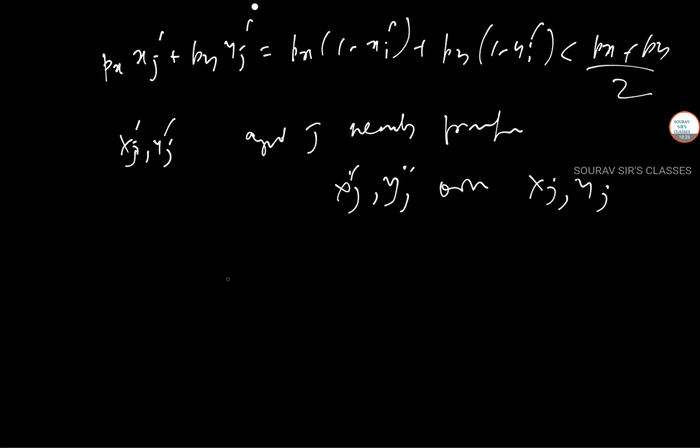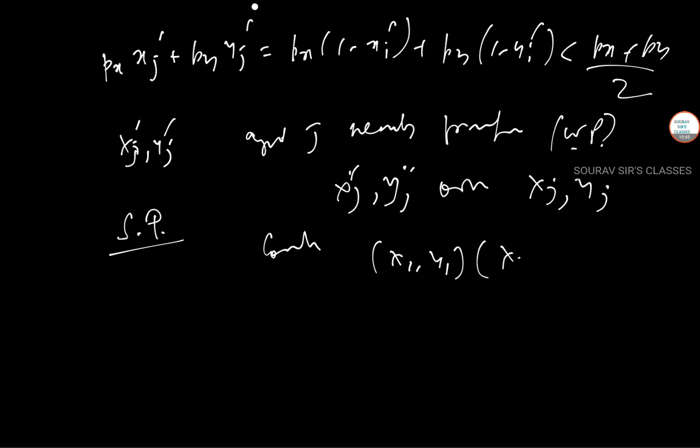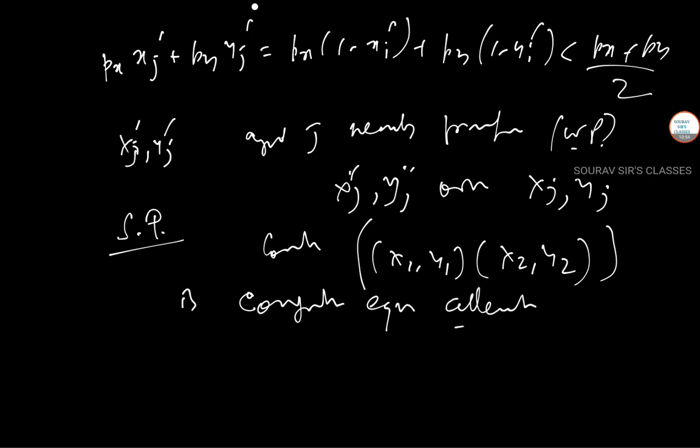So if agent j strictly prefers, and weakly prefers (xj, yj), then we are done because of the contradiction with the fact that (x1, y1), (x2, y2) is the competitive equilibrium allocation. So this is a contradiction.